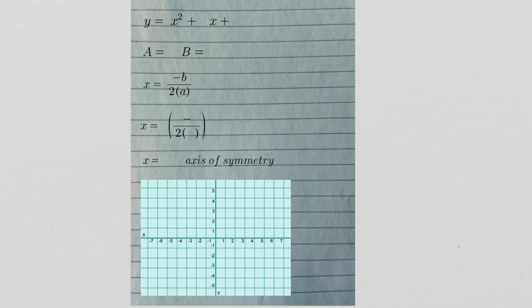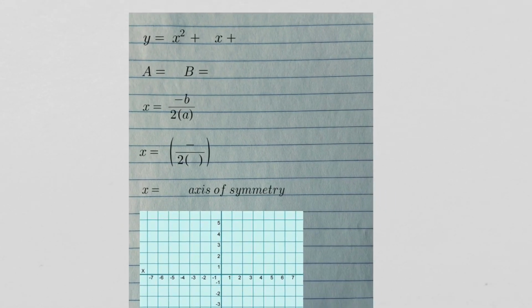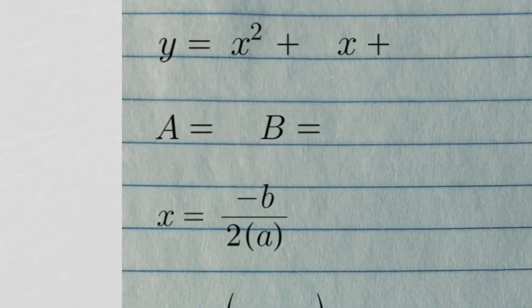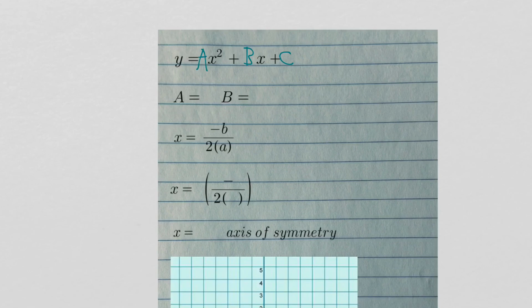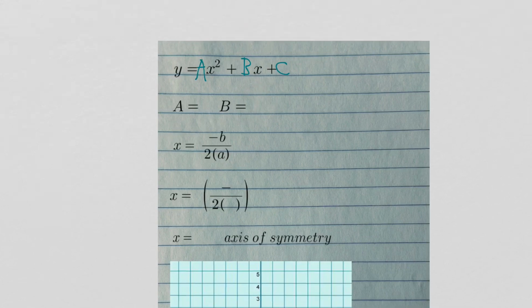Okay, so in summary, if you've got the quadratic in the form of ax squared plus bx plus c, you can use the axis of symmetry formula, which is negative b divided by 2 times a. To use this formula, you identify a and you identify b.